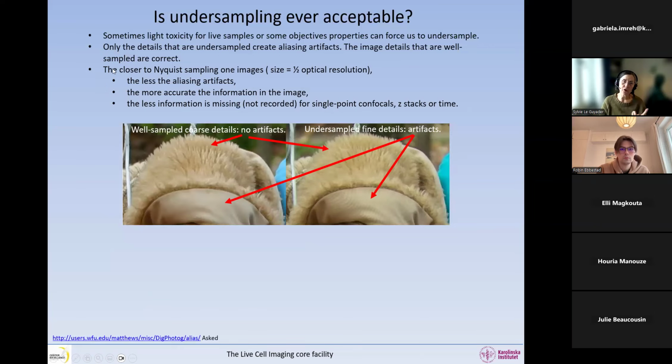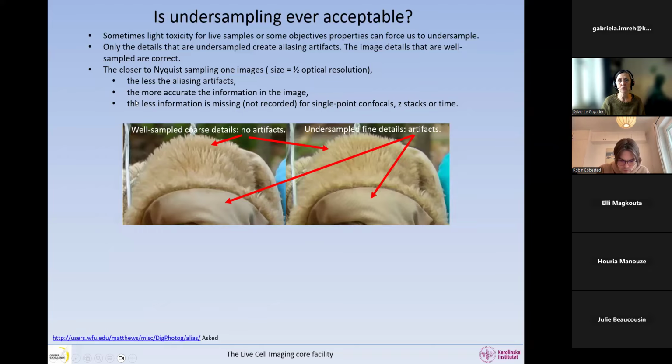The closer to Nyquist sampling we image, so half of the optical resolution, the fewer aliasing artifacts and the more accurate the information in the image. Also, the less information is missing, not recorded, if we consider single point confocal that jumps between the spots, and also Z-stack and time.